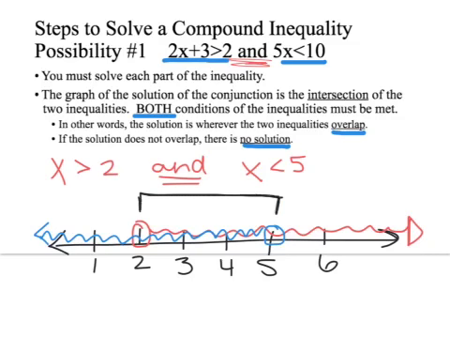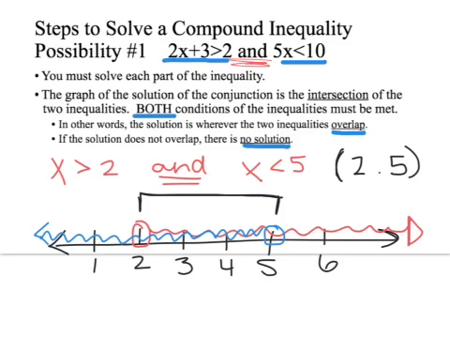So my answer would be all the numbers between 2 and 5. 2 would not be an answer and 5 would not be an answer, but all numbers between 2 and 5. All the numbers in between.